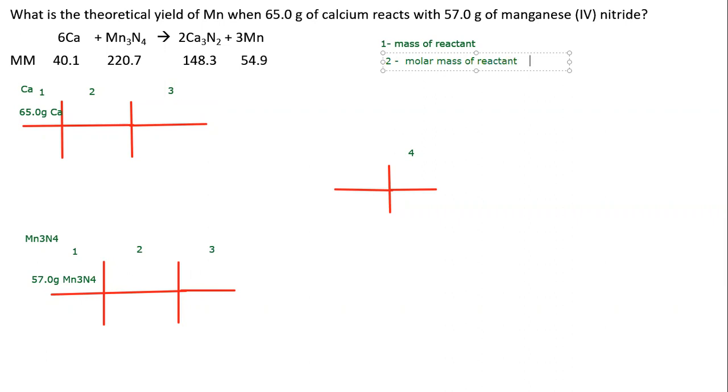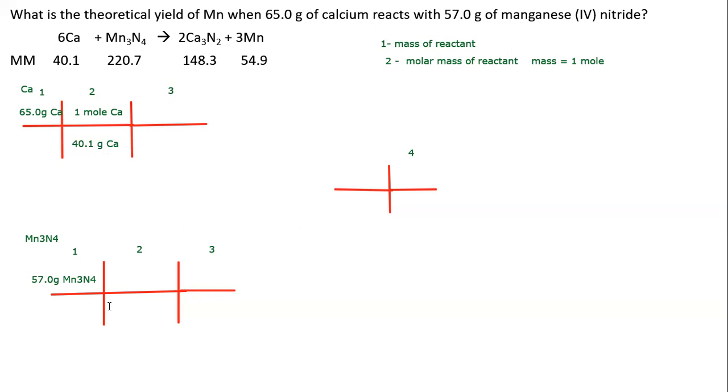Remember, molar mass is the mass equal to 1 mole. And so in this slot 2, the mole is going to go on top, the mass is going to go on the bottom. So for slot 2, we're going to put 1 mole on top, and we're going to put the mass of 1 mole on the bottom.